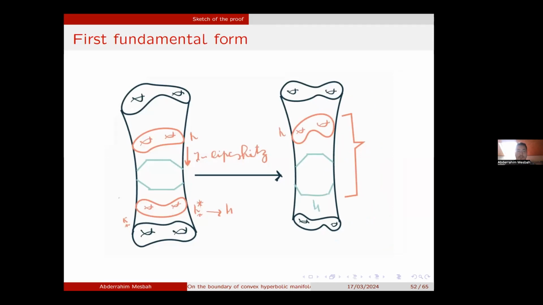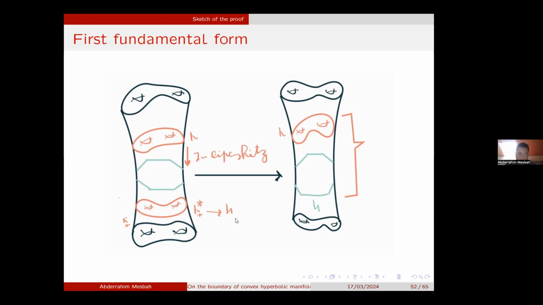Yeah, then using that we will see how we will prove the different statements. So for example, if we want to realize one metric and one bending lamination, we will use the Chen and Schlenker theorem. It says that when I take h and h star with the necessary conditions, then I can realize h as a first fundamental form and h star as a third fundamental form.